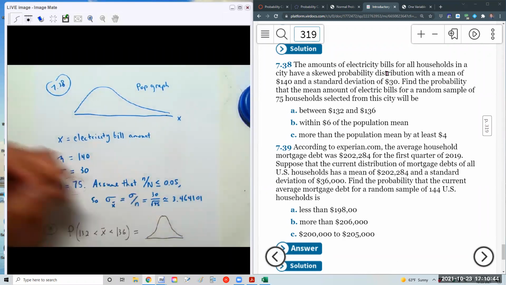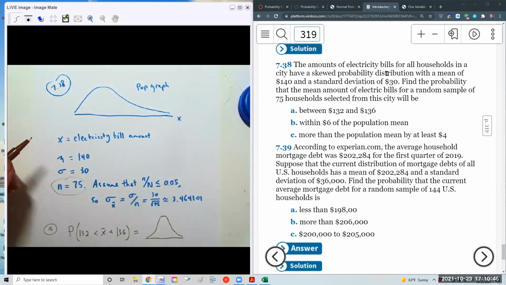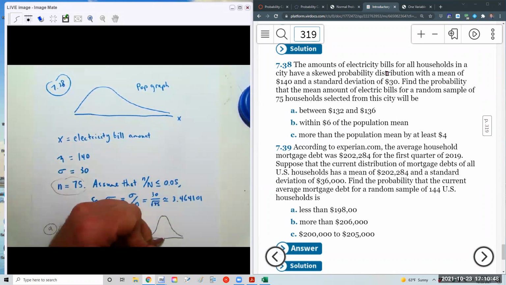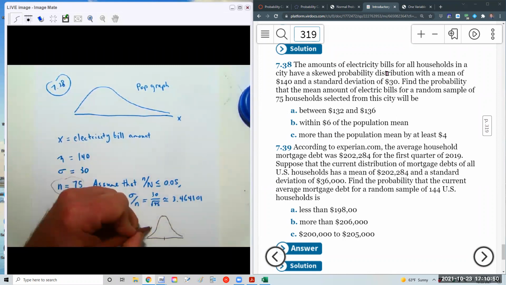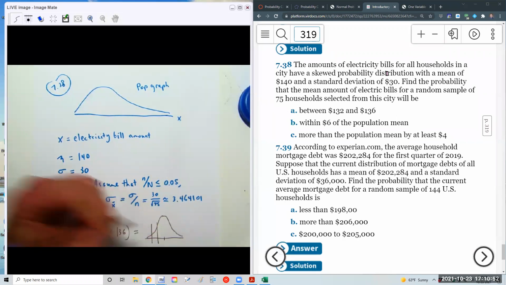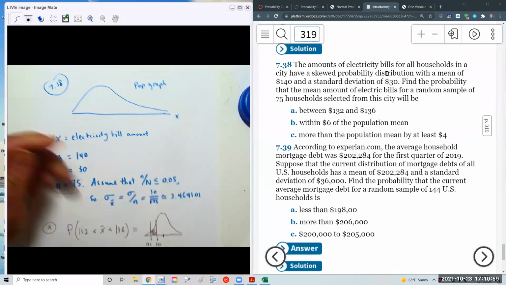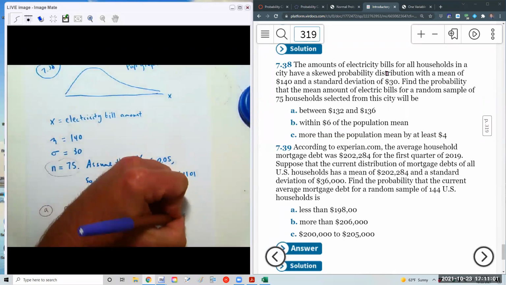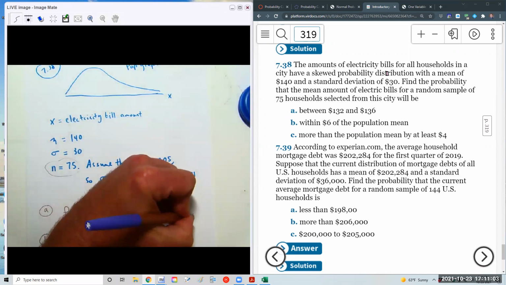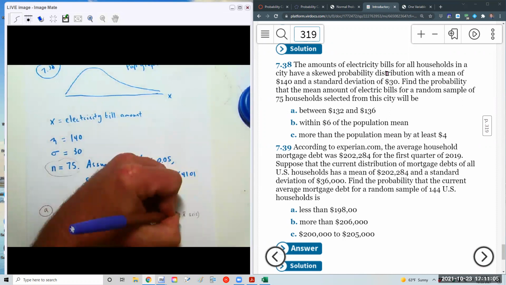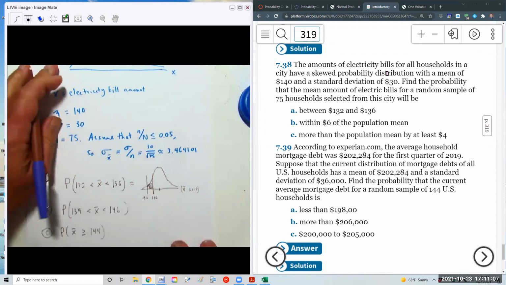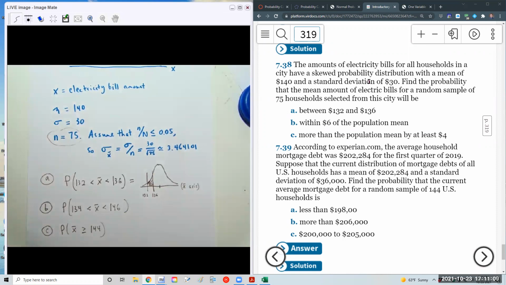And we just want to find the area between, let's see here, if mu is 140, then there's the center. And we just want to find this little area here in part A between 132 and 136. We just want that little area there. And if this is the sampling distribution graph, this is the x bar axis. All right, so let's get on over to that calculator.